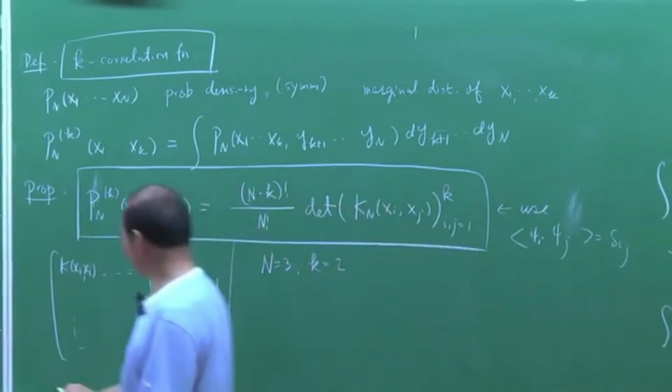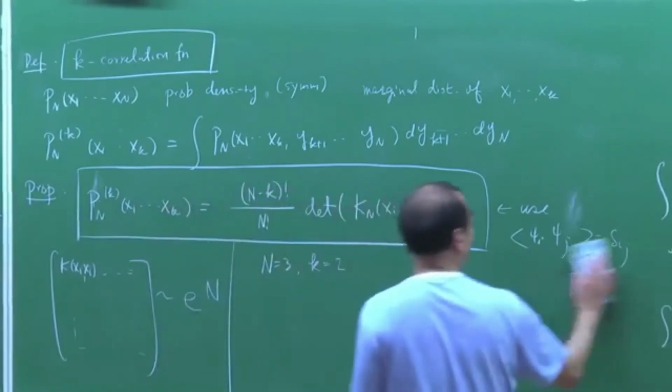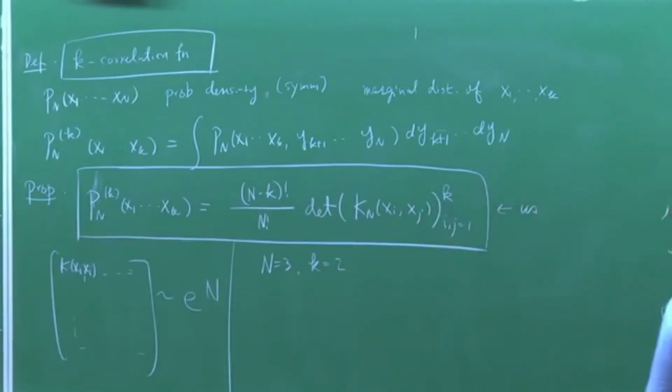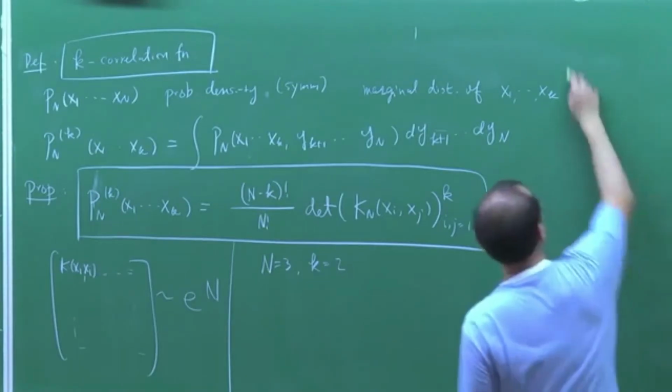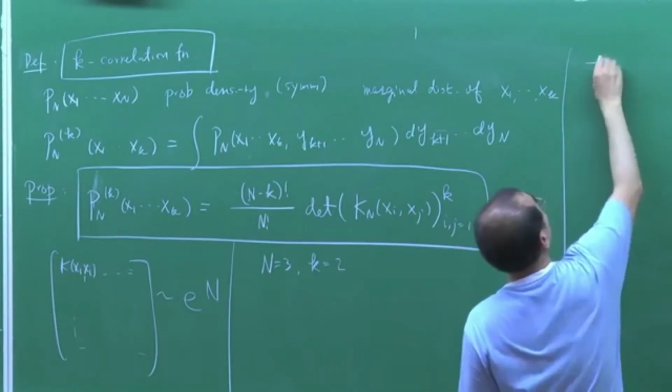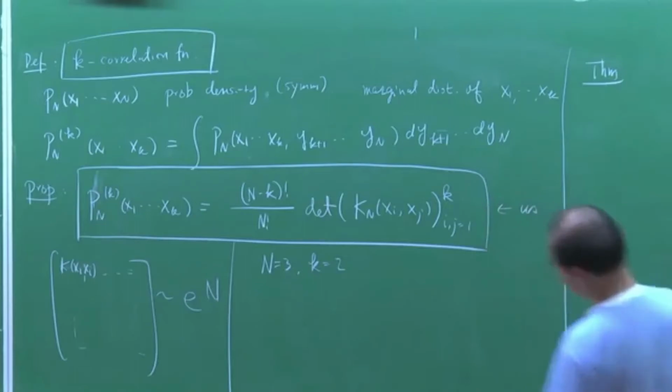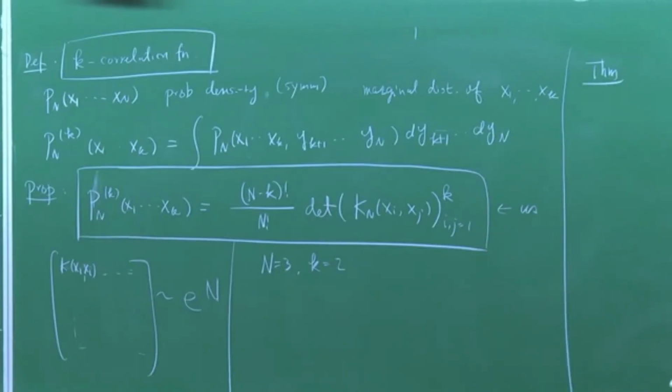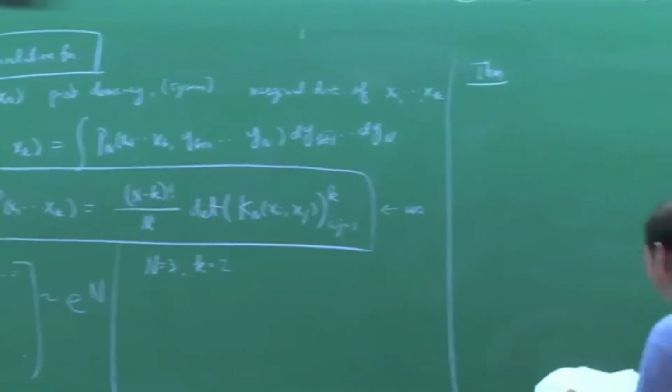So this gives you this determinantal formula. And finally, this is the main theorem. The main theorem is the following.